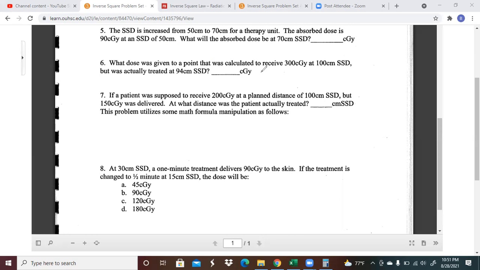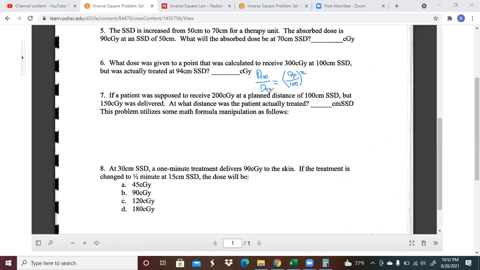So let's see. The dose at 100 is going to be less than what we see here. So it's going to be 94 divided by 100.